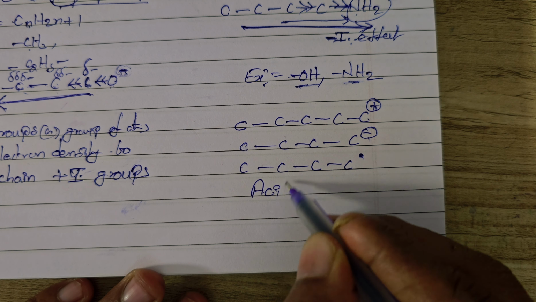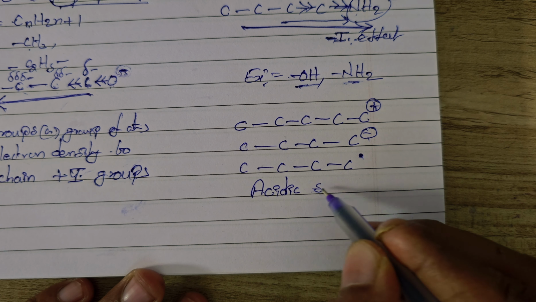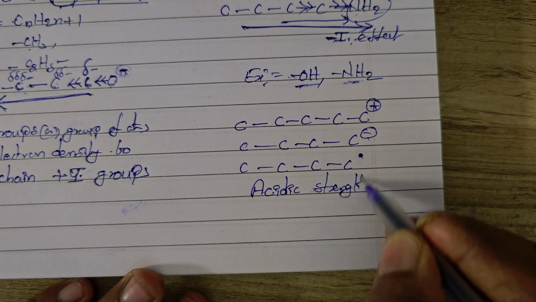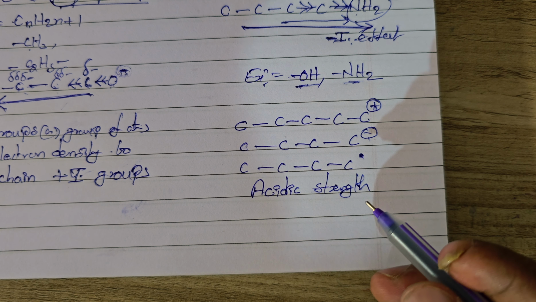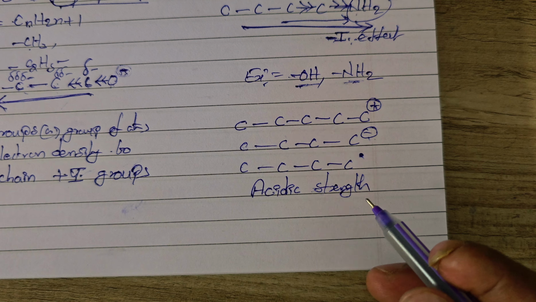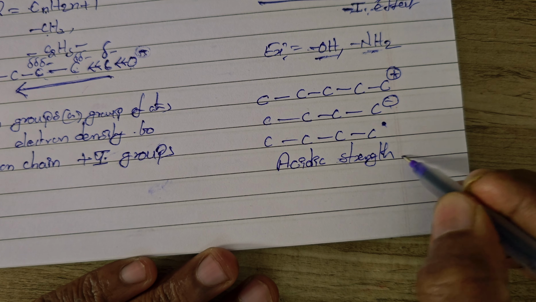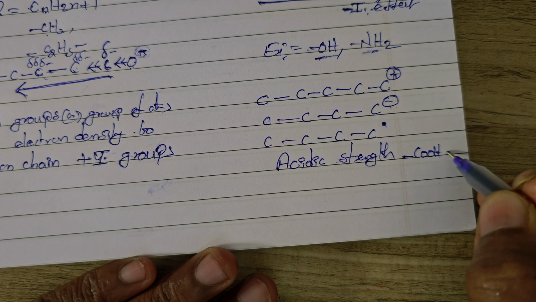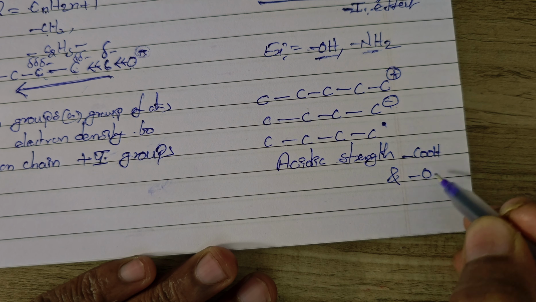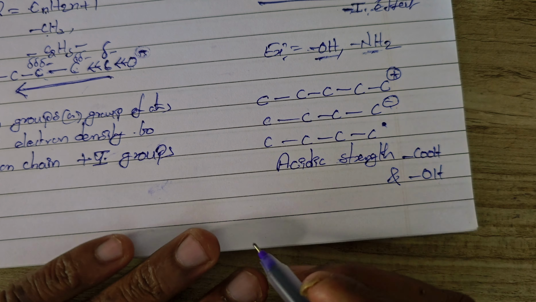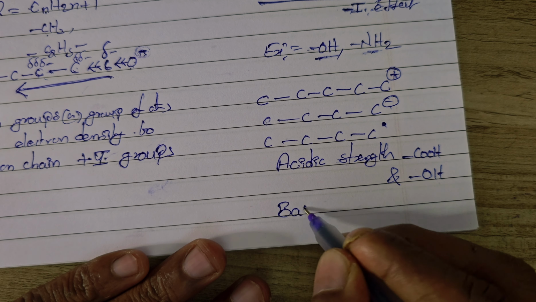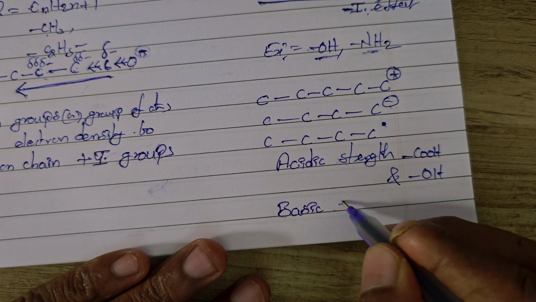And also it explains the acidic strength, which is strong acid, which is weak acid, of the aliphatic systems. That means especially saturated systems. Acidic strength of carboxylic acids and acidic strength of the alcohols, different compounds also. And also it explains the aliphatic amines basic strength.